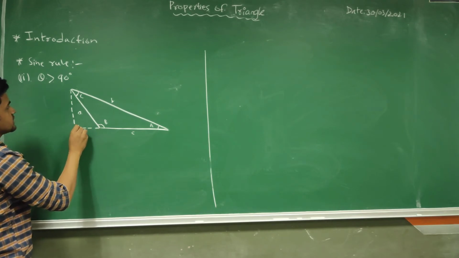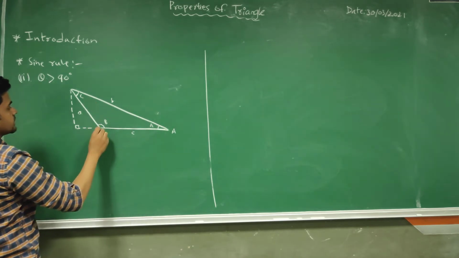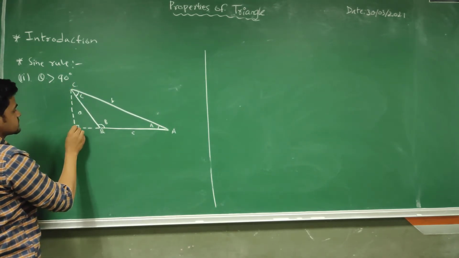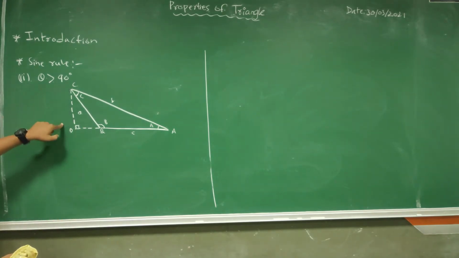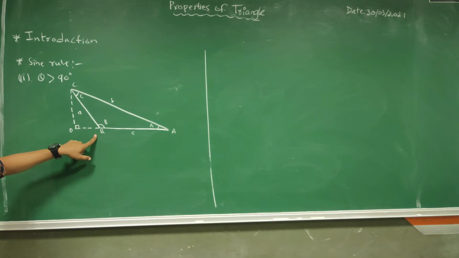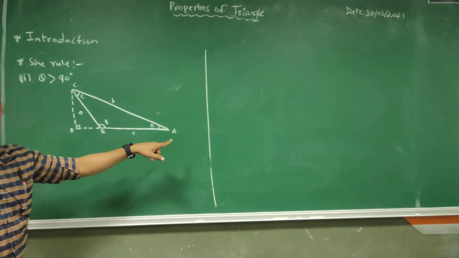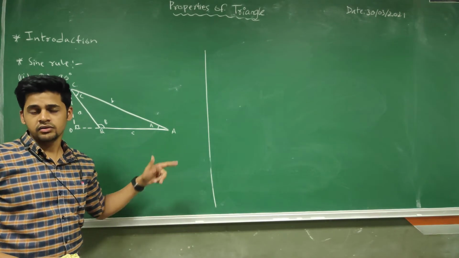you can see this is vertex A and vertex B and vertex C, and this is the vertex D. So in triangle ADB we have one right angle triangle, and CDB is the second right angle triangle. So that means we can apply sine over here.